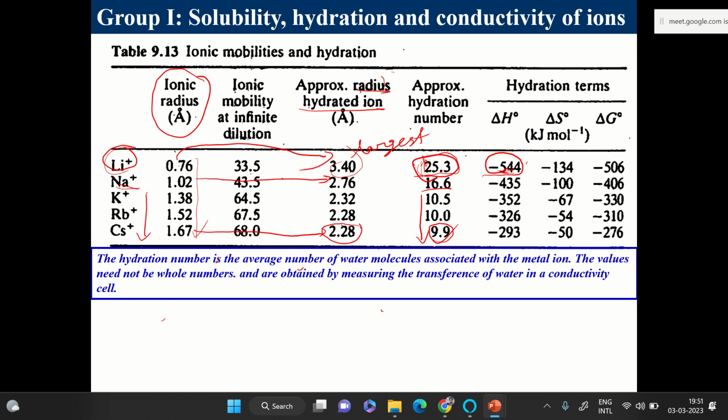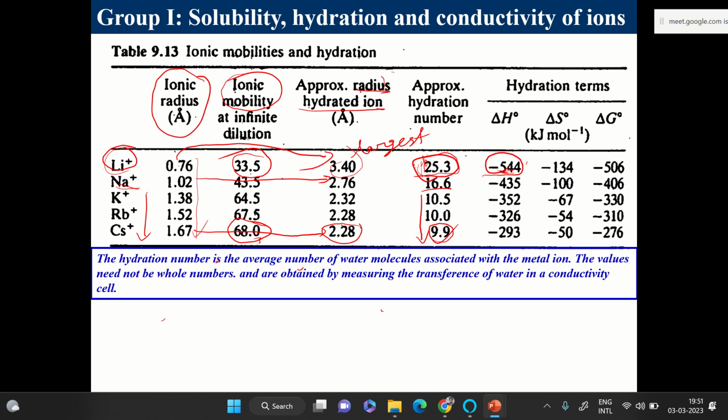Ions will start moving and conduction will happen. So from that data we are able to calculate the ionic mobility, and you will be surprised to see that ionic mobility is maximum. So the conductivity of the solution is maximum for this cesium plus, not for lithium plus.